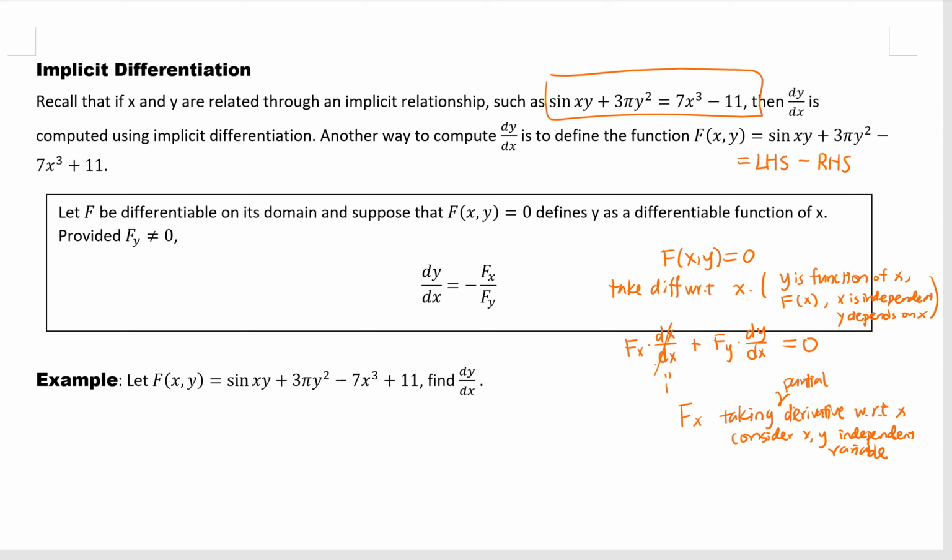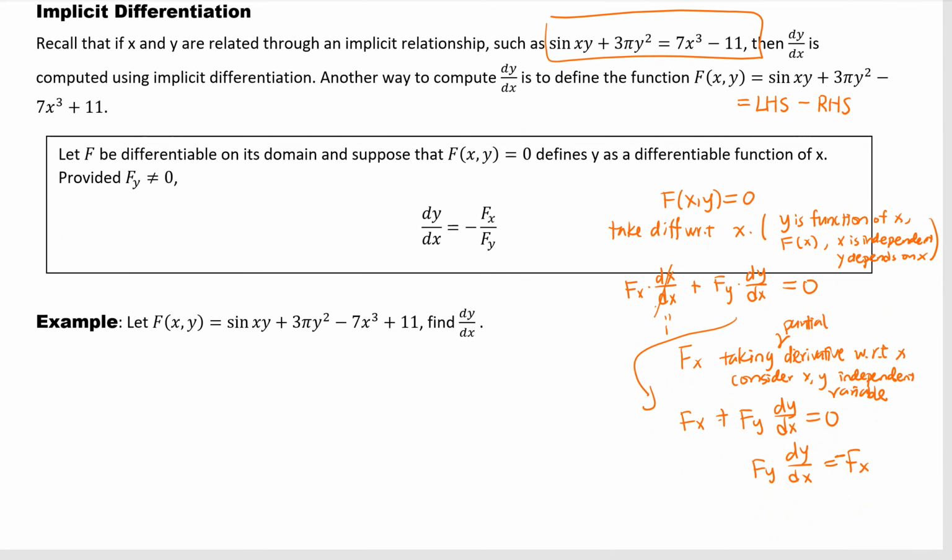So let's continue here. fx plus fy dy/dx equals 0. Then we move the fx to the right and it becomes negative, so we can solve for dy/dx, which is minus fx over fy. So far so good.